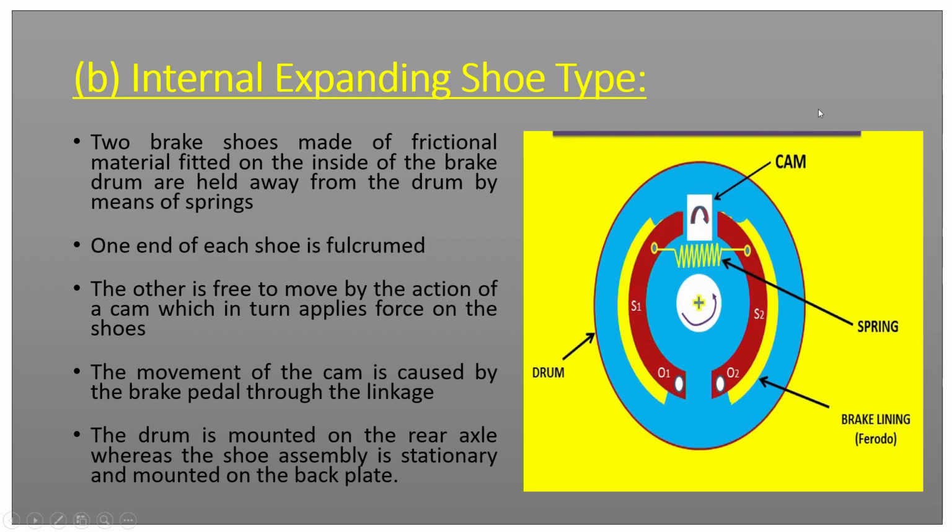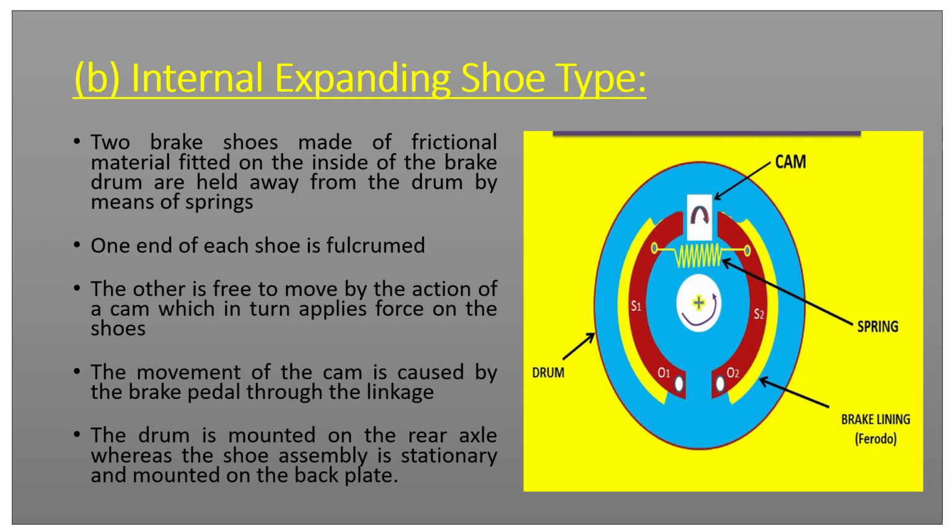When we press the brake pedal, the cam will operate, and as the cam operates, the brake shoes will expand with the help of the spring. They expand and come in contact with the rotating drum. As it comes in contact, the drum slows down initially, and then it will stop rotating.